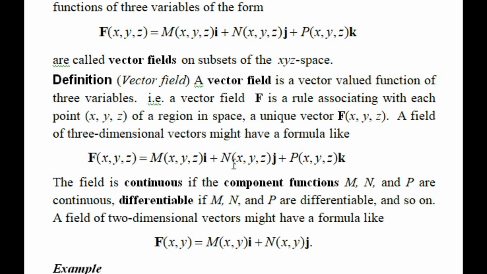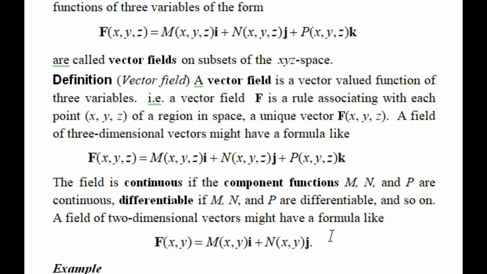Similarly, n of xyz is a scalar, p of xyz is another scalar, and we use such scalars to get the vector f of xyz. Also, if m, n and p are differentiable scalar valued functions, then f is also a differentiable function.